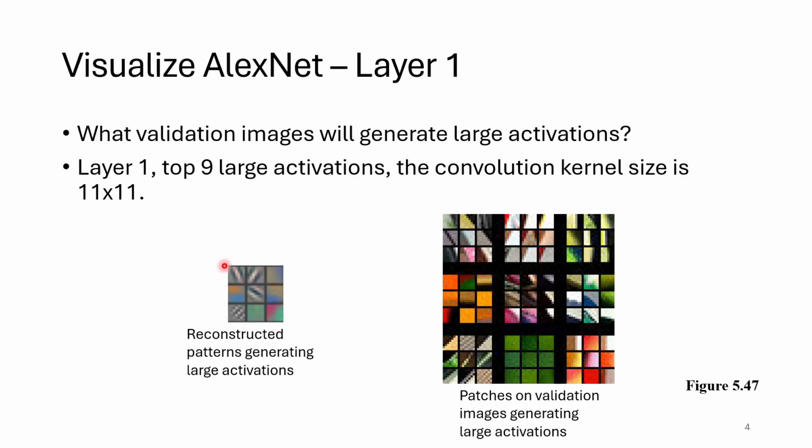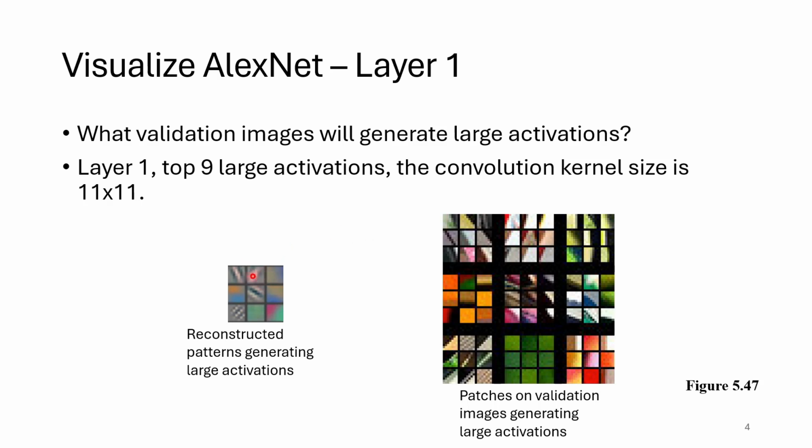Okay, this is the result generated by their inverse network, and they can search the test or validation set. What kind of patches will generate the largest activation values? So for the first pattern, they find those patches will generate the largest activations.